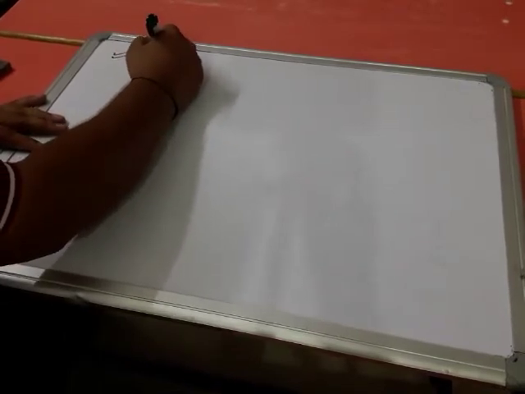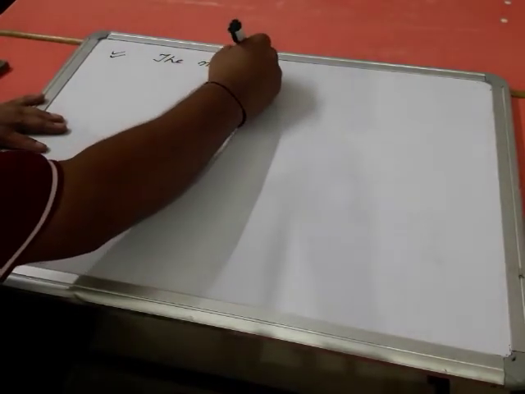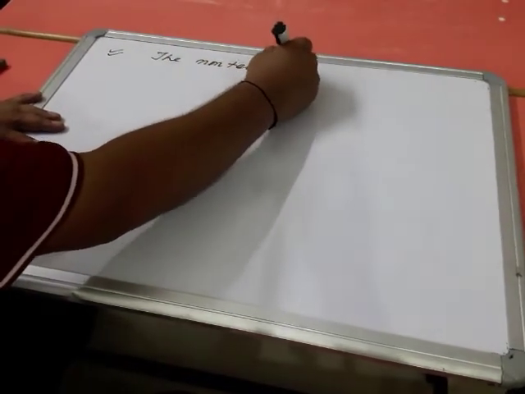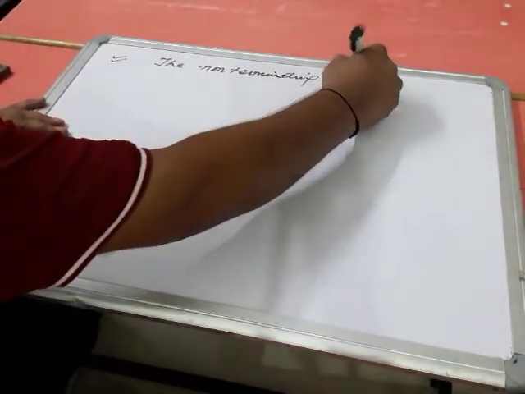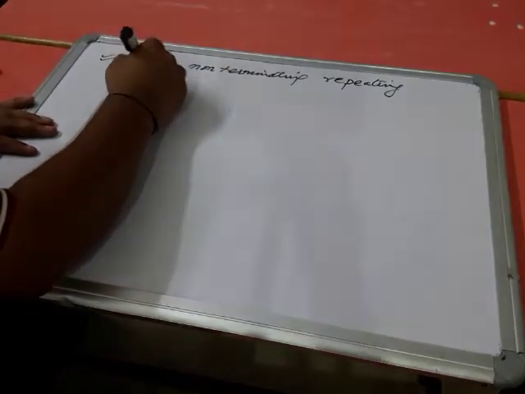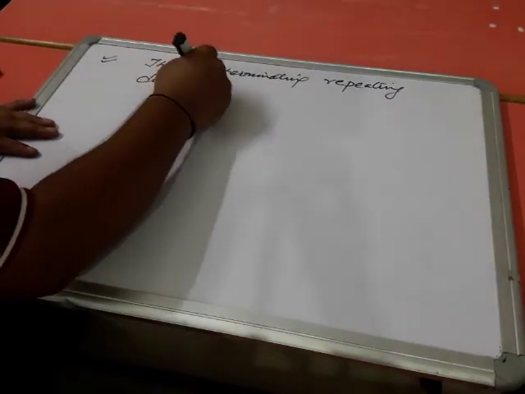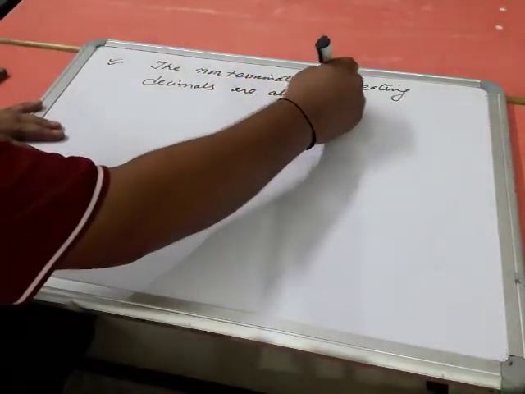Now there is another definition of rational numbers: non-terminating repeating decimals are also rational numbers.